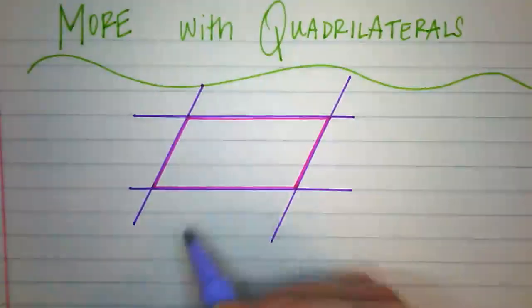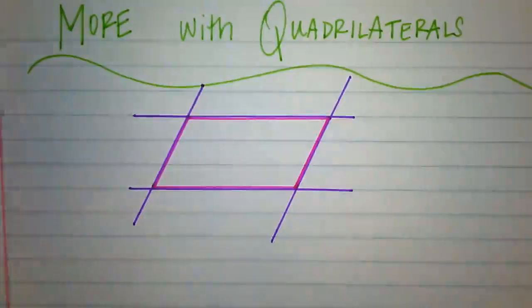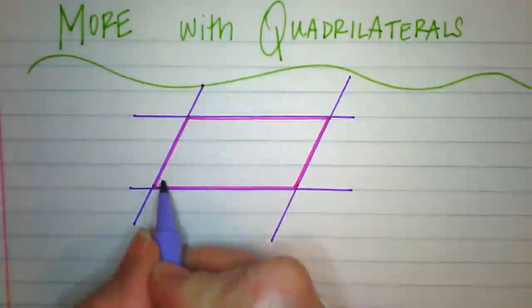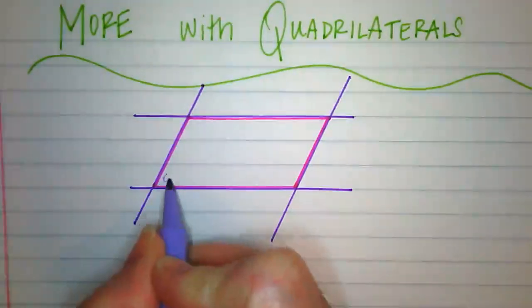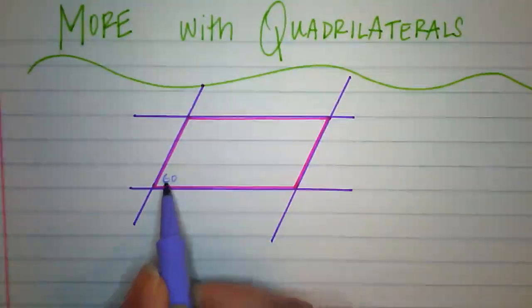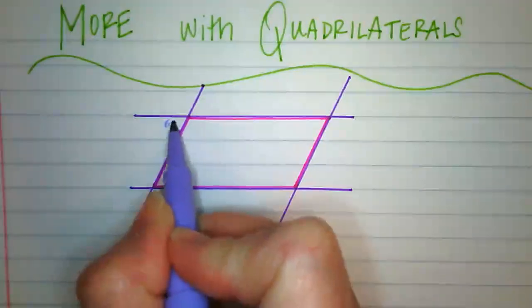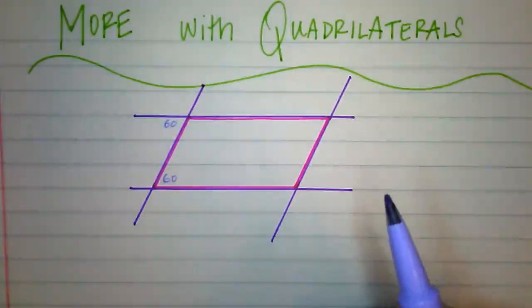But things that you learned last year in Math 8: let's say this is 60 degrees. We learned last year that if this was 60 degrees, we know that this one would be 60 degrees.